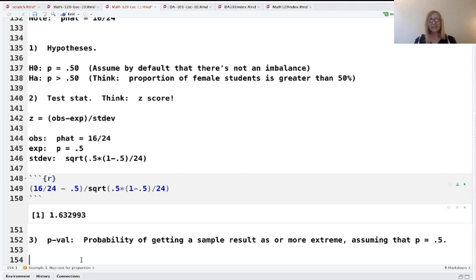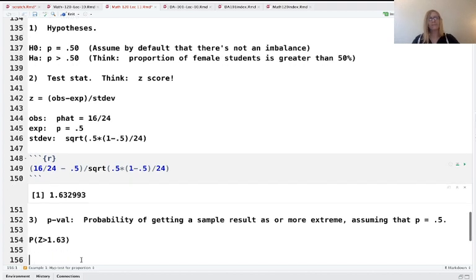And we've already got the z-score for this thing, so we need to find what's the probability that z is bigger than or equal to 1.63. That's what we're looking for here. What's the probability of getting a sample result that's as or more extreme than this? We found the test statistic. Let's look it up in the z-table.